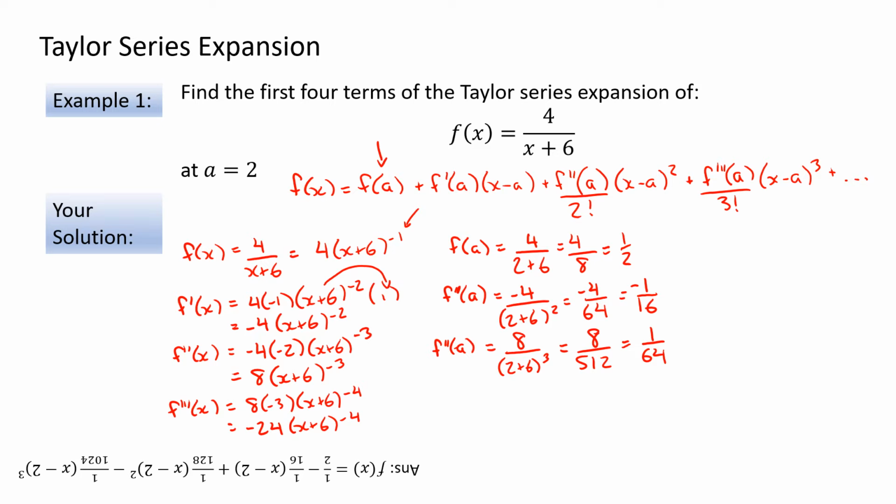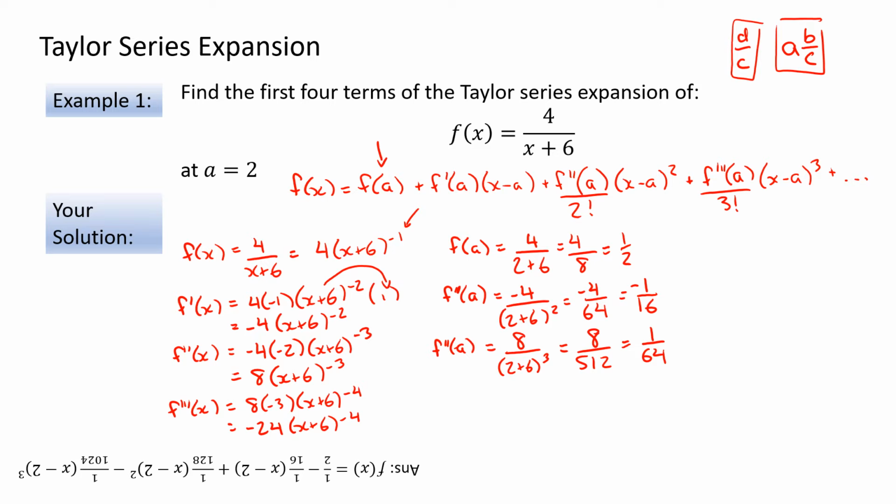Oftentimes, you can put that number in your calculator, and there's a button that usually looks like a fraction, something like d over c, or sometimes a big capital A with b over c. So when you get your final answer, you can press one of those buttons. It looks different on each calculator, and it will convert it to a fraction.